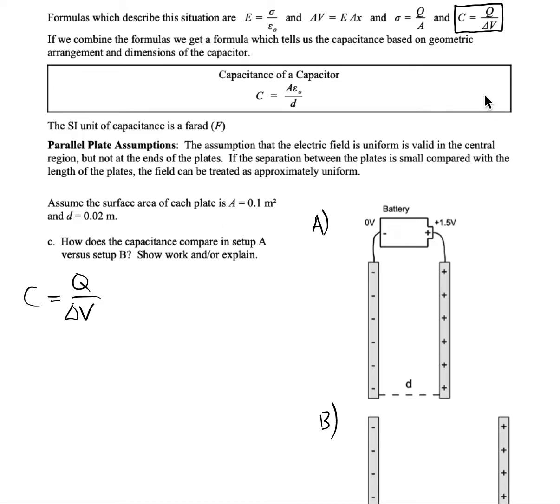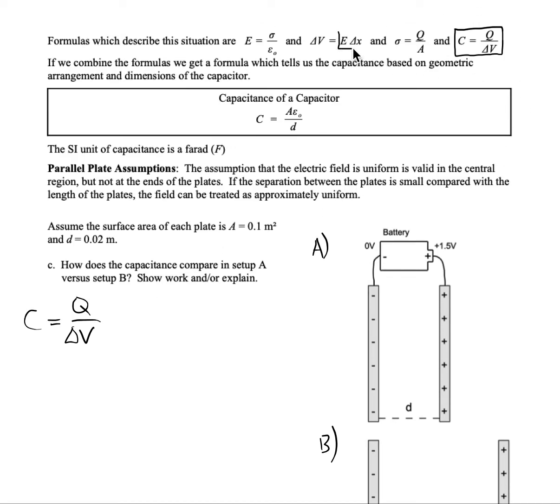So one thing to substitute in is that delta V can be thought of as a field times a distance between the plates. And when it comes to charge, if we multiply that A to the other side, we can substitute in the expression sigma times A for that. Now, using this formula here, we see that the field can be expressed as sigma over epsilon naught.